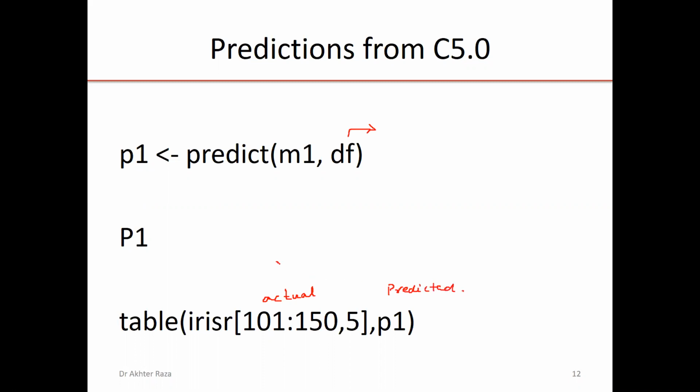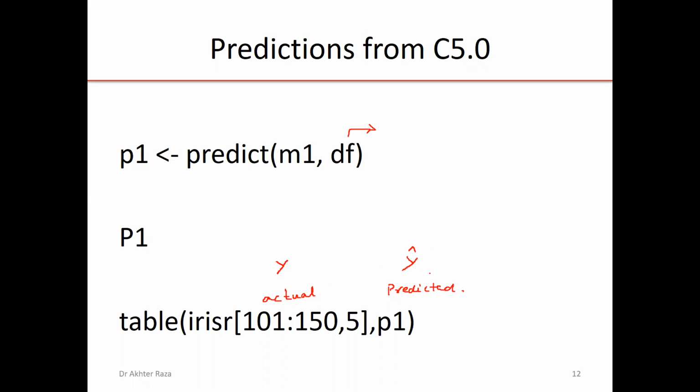Actual observations we generally represent in the linear model as y, and predicted observations are represented by y cap. So if y and y cap are close to each other, then model accuracy is good.